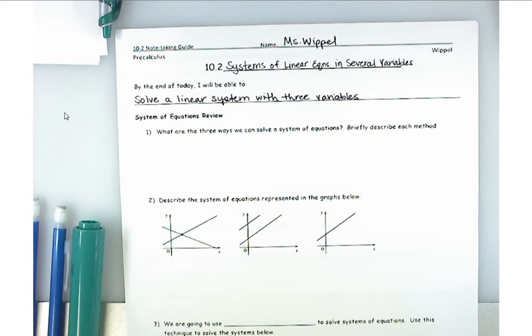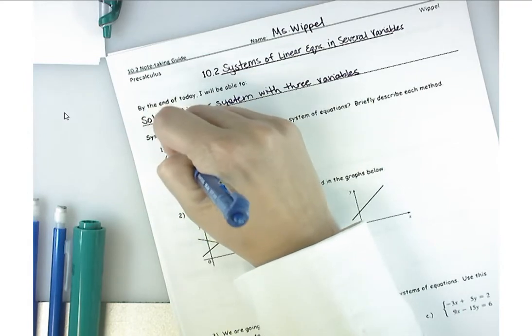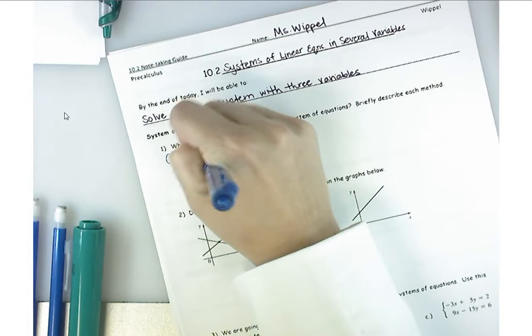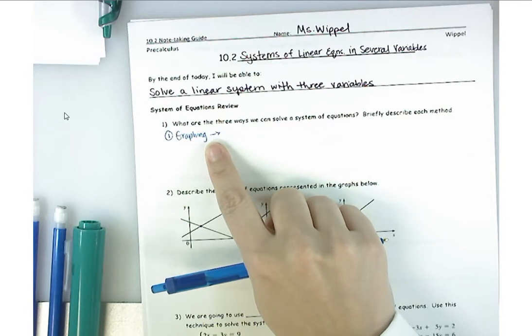You're used to solving systems with 2 variables. That's something that you should have learned in Algebra 1. So we talked about the 3 methods. The first method we talked about was graphing. So when you are graphing, how are you finding your solution? Well, what part of the graph is your solution?